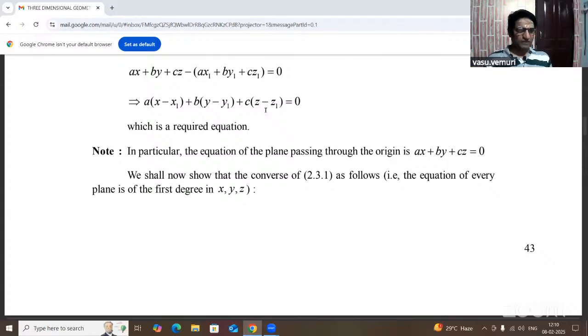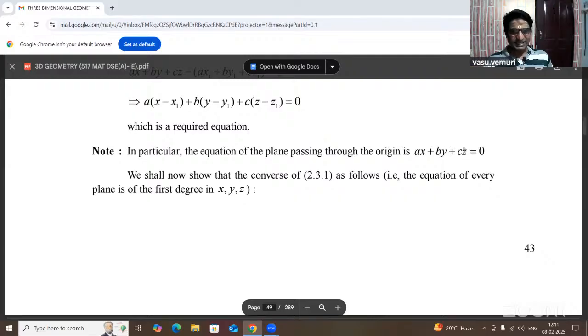After substitution in the general equation, the required condition is ax + by + cz = 0. Suppose any plane passes through the origin, then the plane equation is ax + by + cz = 0. That is one of the important notes. The same expression, with x1, y1, z1 substituted by the origin 0, 0, 0, gives ax + by + cz = 0.